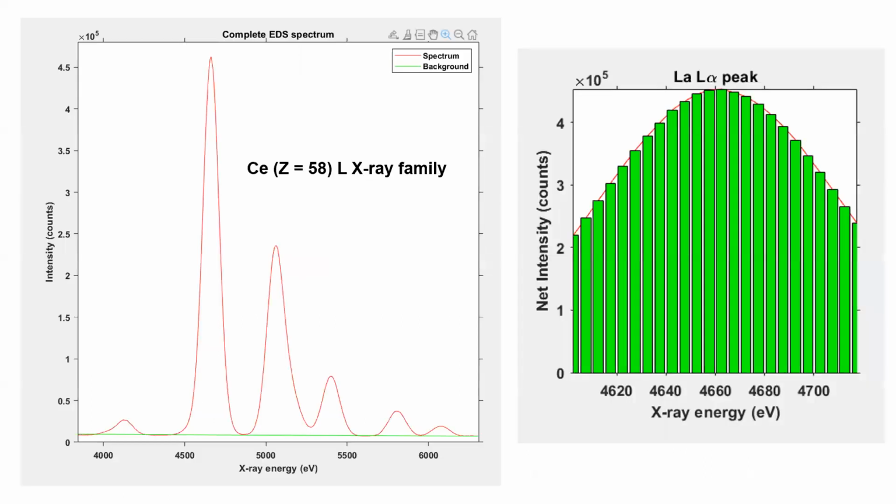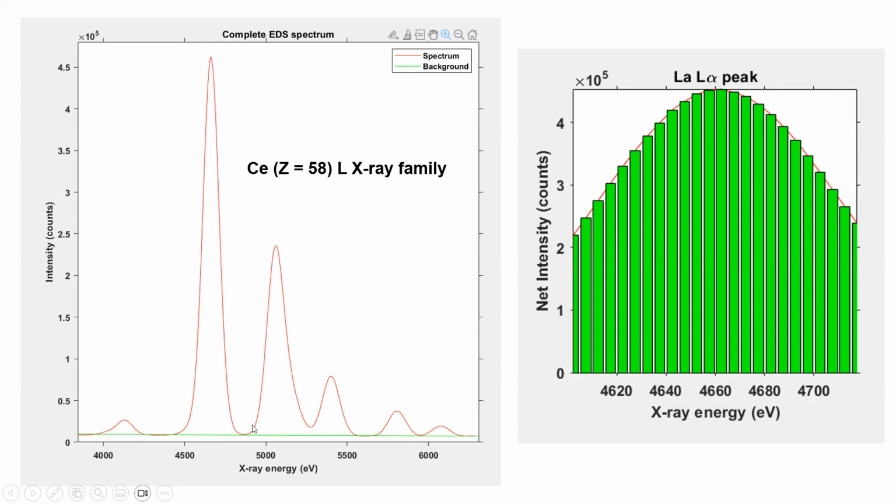Here's an ideal example. On the left is the cerium L X-ray family, and this big peak right here is the L alpha peak. The red line is the as-collected spectrum, and the green line is the background.